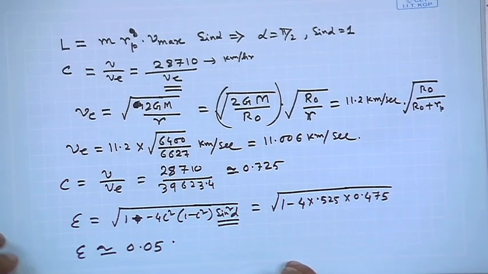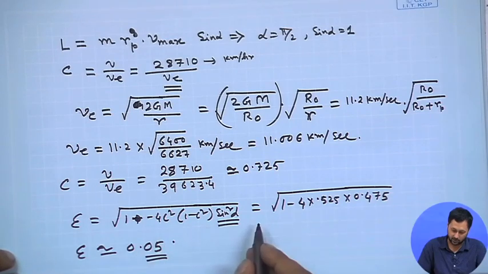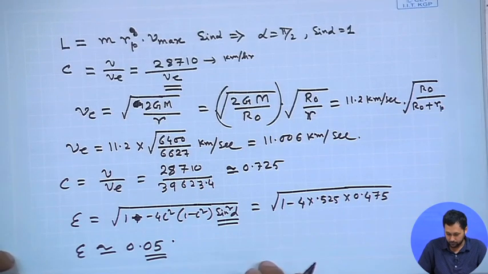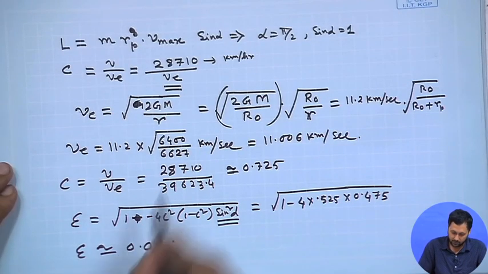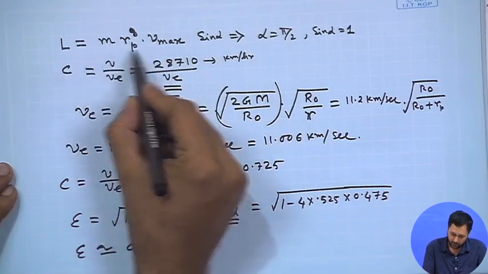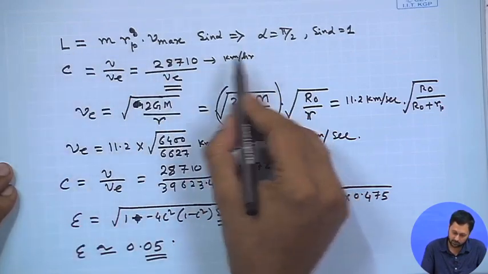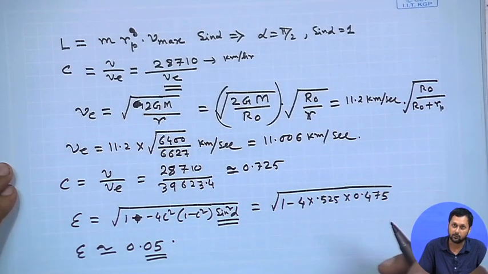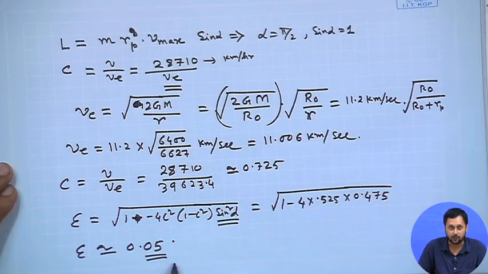Okay, you can do this calculation by yourself and check the number, but what is important is that in this way, just by knowing the speed at perigee, or speed at one of the apsidal points, and the distance of that particular apsidal point, it is sufficient information to get the eccentricity of the orbit.